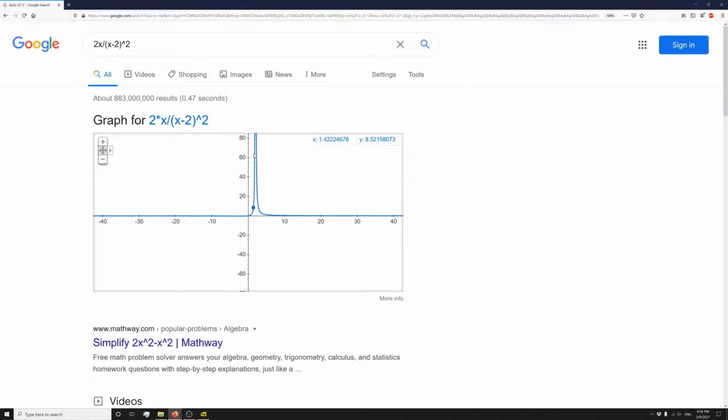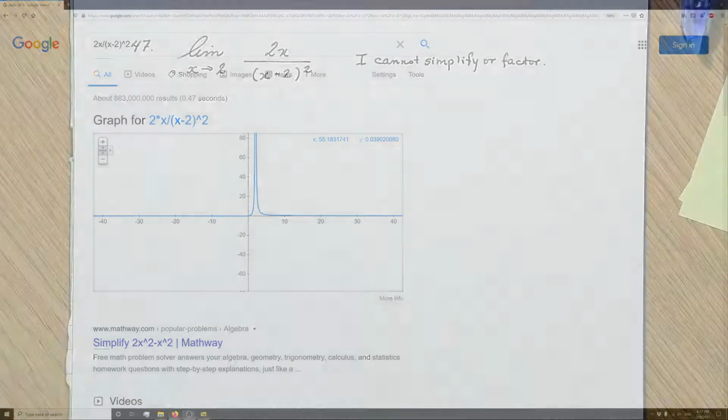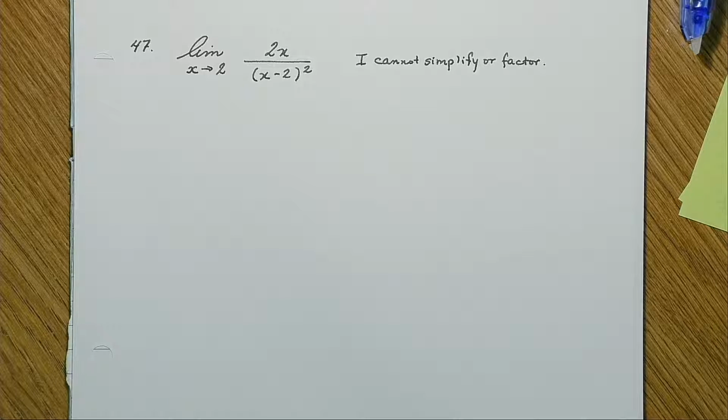Now both sides are going to infinity. So do we just check if the left side limit equals the right side limit then? It depends on what you're looking for. So let me just go back to my sheet of paper. Someone was asking, do we just check?